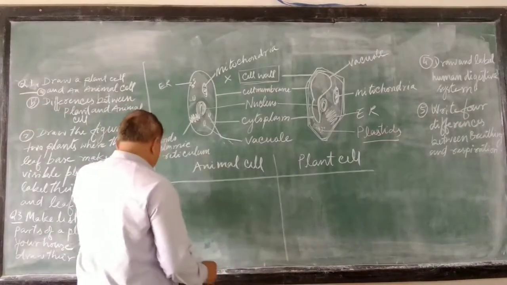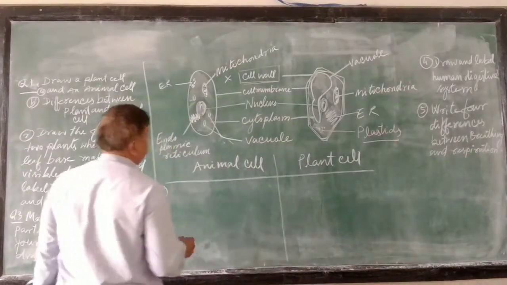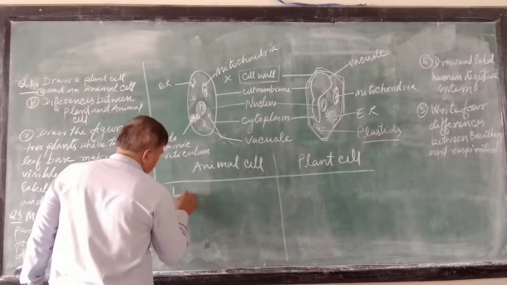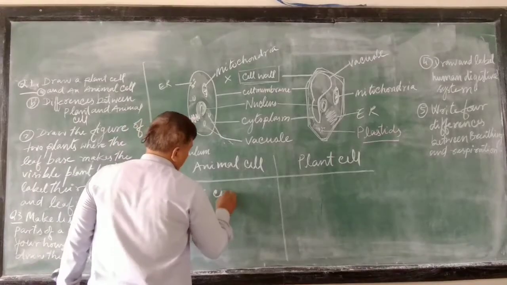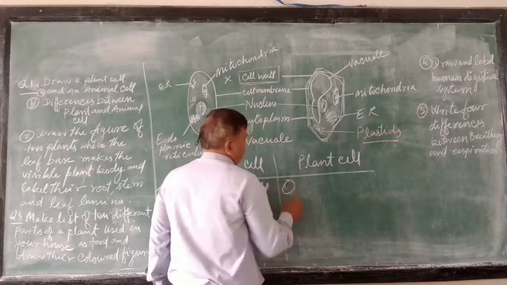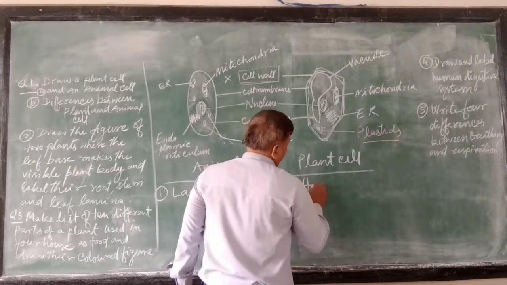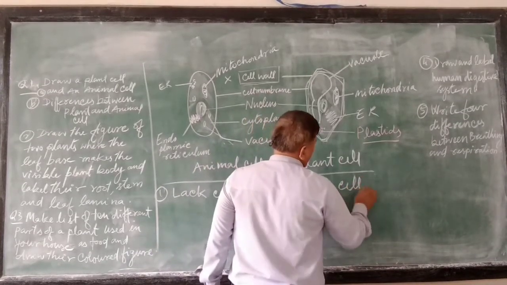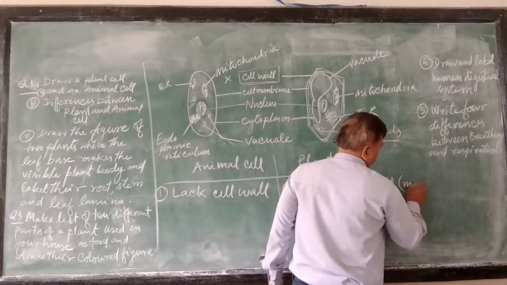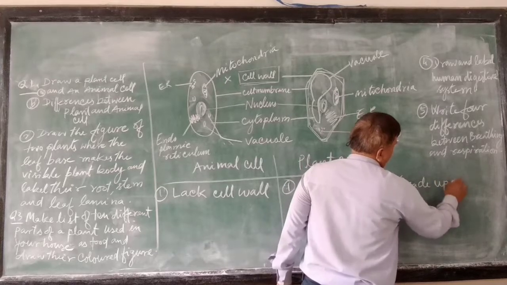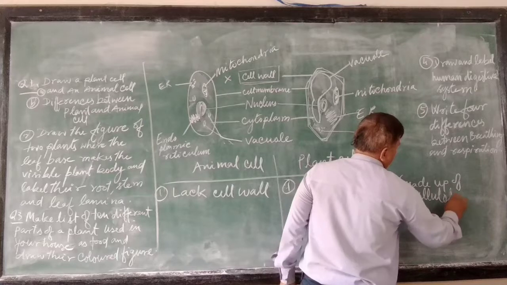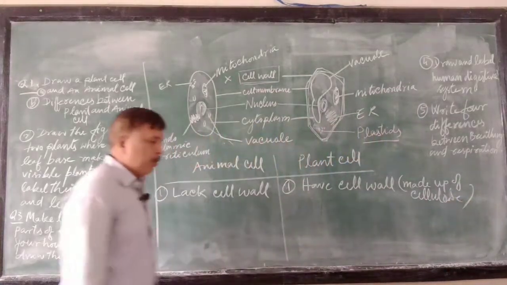Animal cells lack a cell wall, and here plant cells have a cell wall, and this cell wall is made up of cellulose. Here you write made up of cellulose.